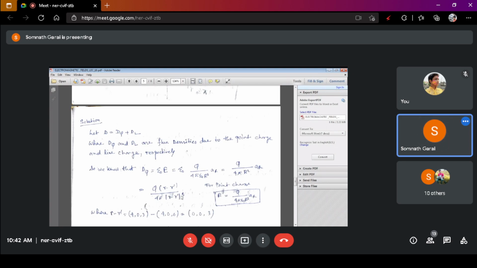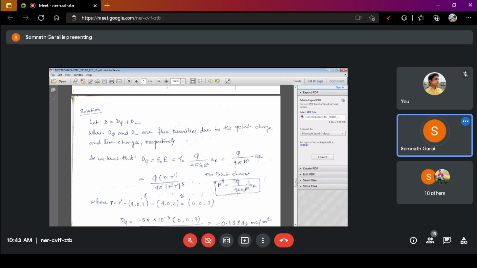So small r is the vector location of the desired point. Okay, that means point D, whose coordinate is 4, 0, 3, right? And small r dot is the vector location of the point with respect to which we have to calculate the flux density, that is equal to 4, 0, 0.